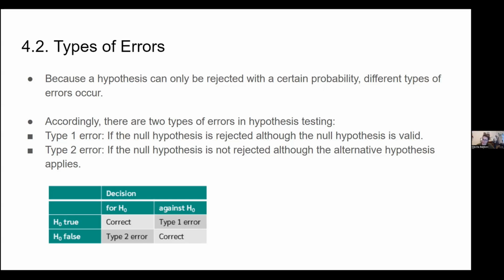So the type 1 error is: we say that the drug does have an effect, but in reality, it does not. Am I correct?